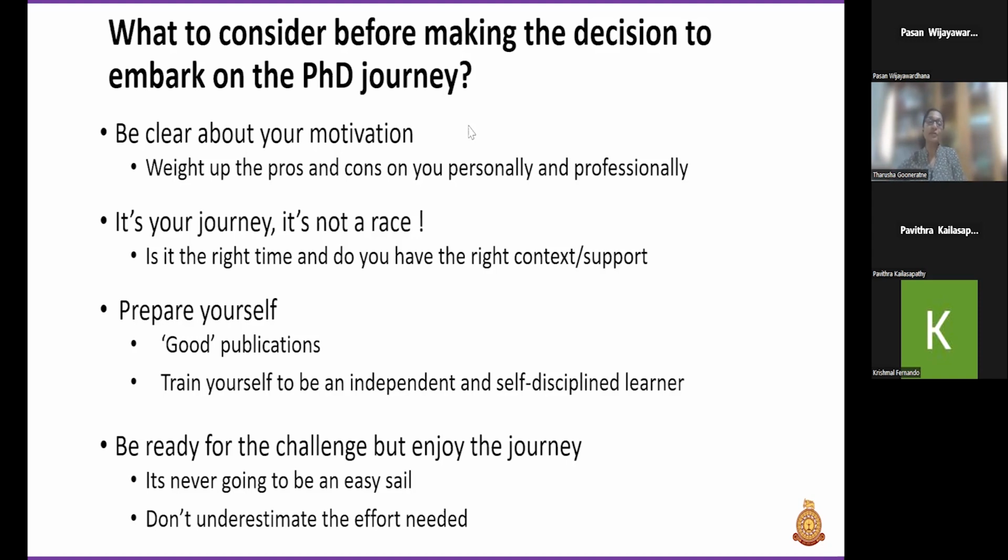And also, when we talk about training, preparing yourself, it's also to train yourself to be an independent and self-disciplined learner. Especially if you think about your undergraduate and master's studies, well, you would have done some research, but most of it was coursework. So being in this position, of course, you have very good academic performance.